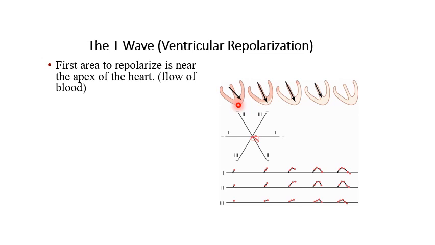So from the outer surface it is all negative, and we will start seeing positive charges here on the outer surface, as I said, in the apex at the beginning, or onset, of repolarization. So here all negative outside, and here is the start of the appearance of positive charges on the outside.